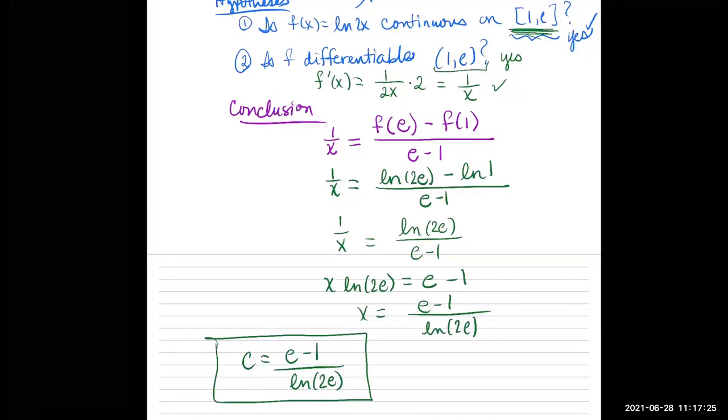So any questions at all about that? Just a reminder to not approximate that answer when you write it down. If you want to, approximate it just so you get a feel for how big it is, then that's okay.